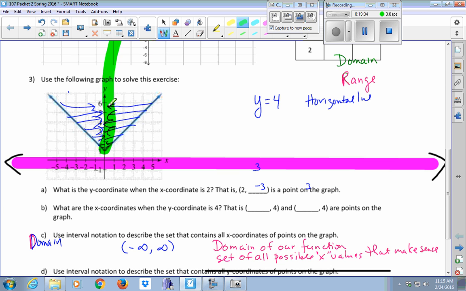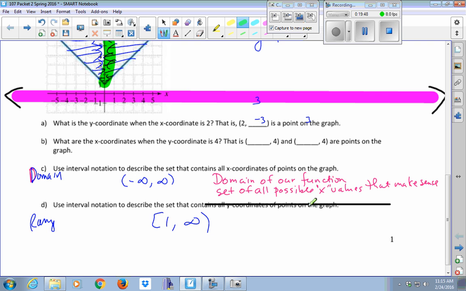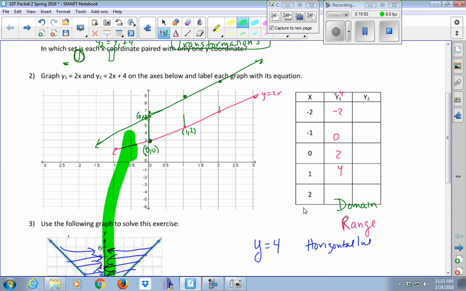And that's called the range. So the range has to do with the set of all possible output values, or what you've been calling y values, and the domain has to deal with the set of all input values. Okay. So that's the preview activities.